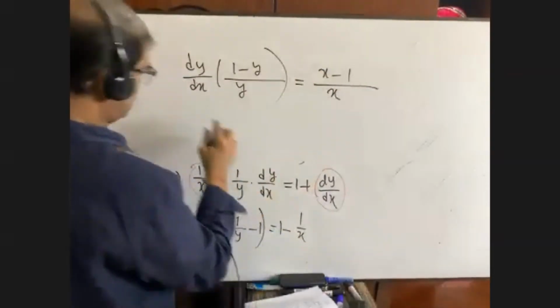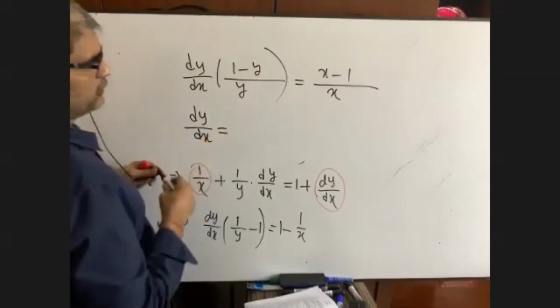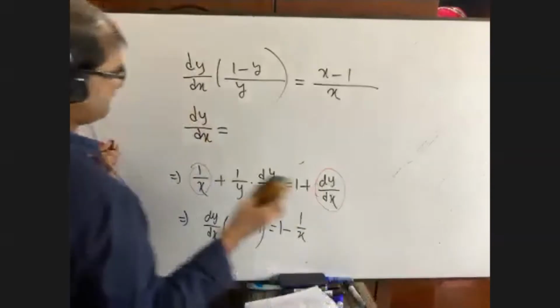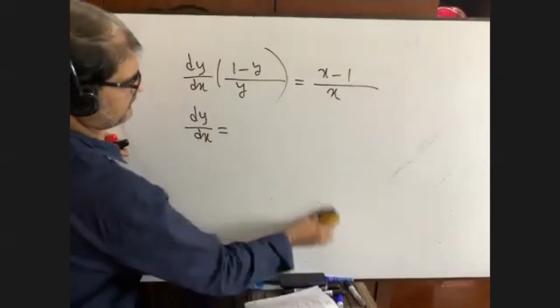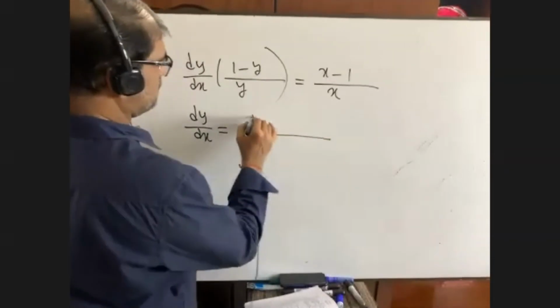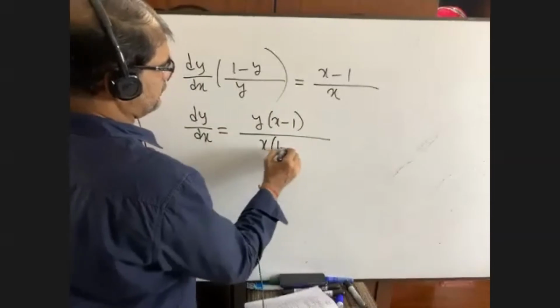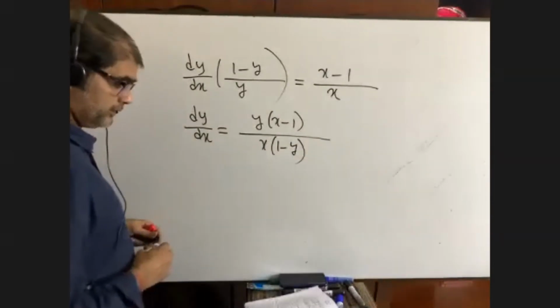That means dy by dx is equal to, talk to me, what will it be? y into x minus 1 by x into 1 minus y.